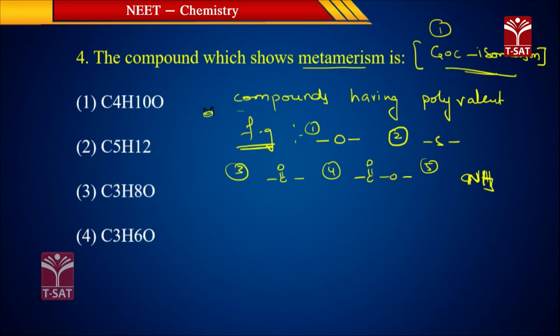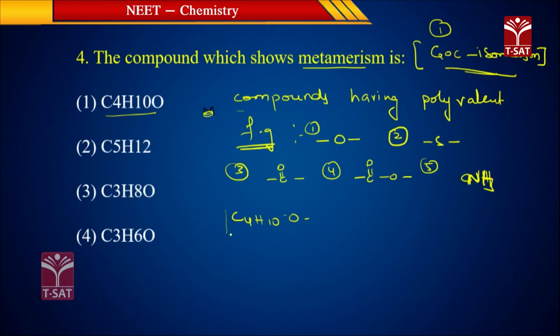So, particularly here they have given a compound like this, C4H10O. Metamerism is a type of isomerism where the polyvalent functional groups have different alkyl groups.